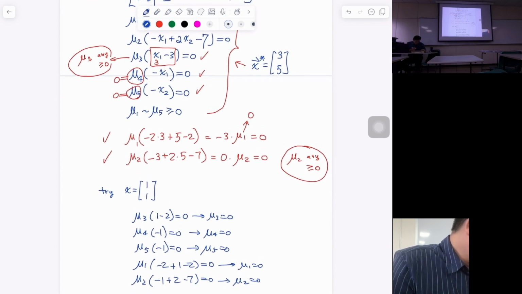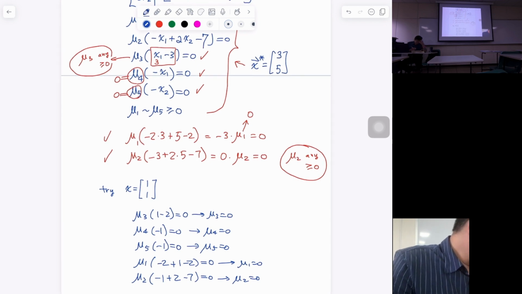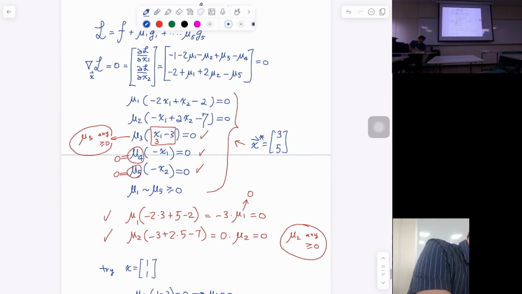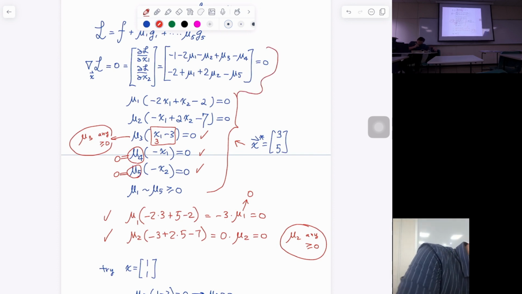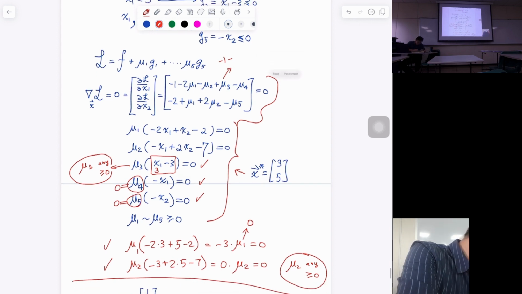What? Did I miss anything? Oh, I forgot to check these two. I need to check the whole thing again. I missed there are two equations on the top. So, sorry, let me check the first situation. I haven't checked the top yet. So here, negative 1 minus mu 1 is 0.